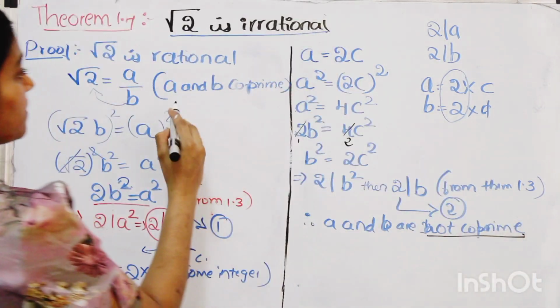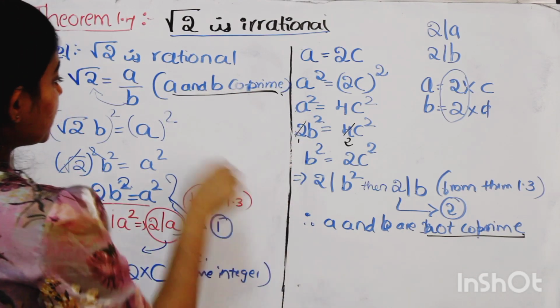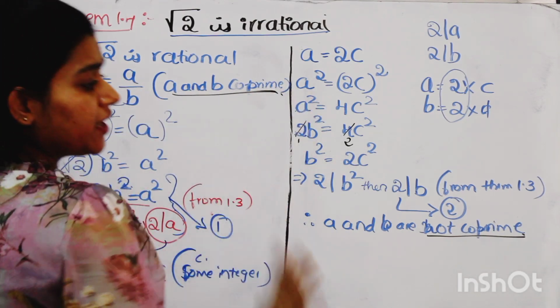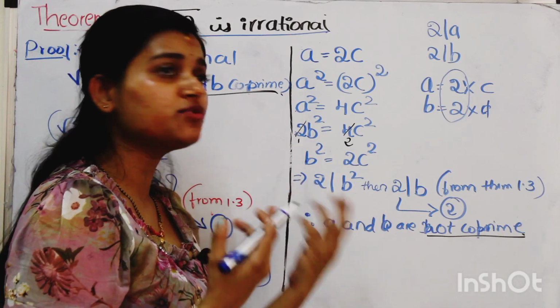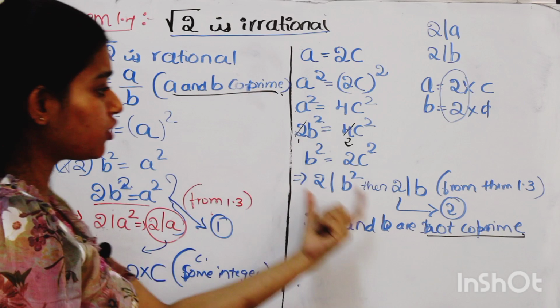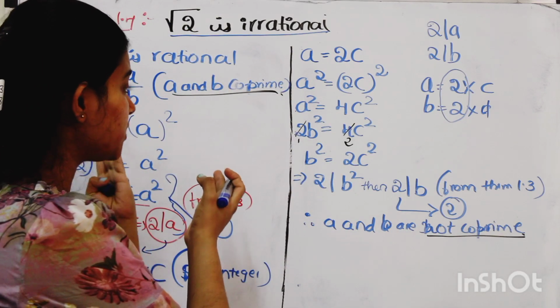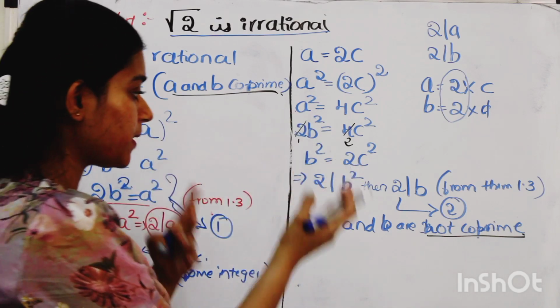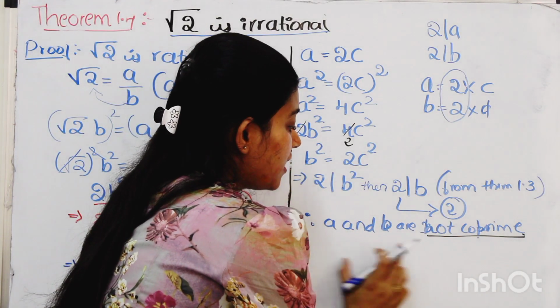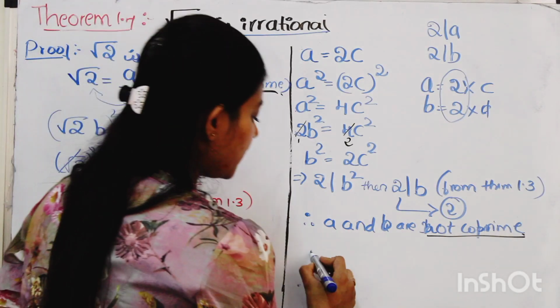But what is our assumption? a and b are co-prime because it is a rational number. We considered a and b are co-prime. Therefore, our assumption is wrong, right? Because the root is rational, our assumption is a and b are co-prime. But at last we got a and b are not co-prime. Therefore, our assumption is wrong.